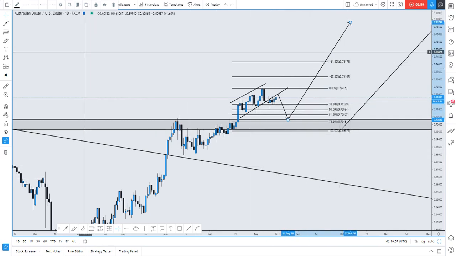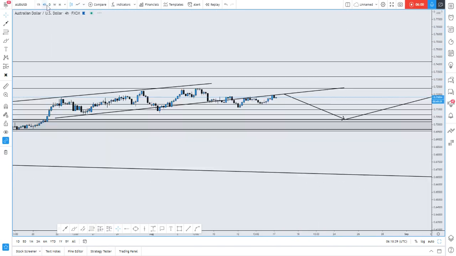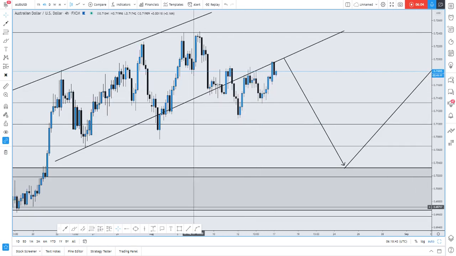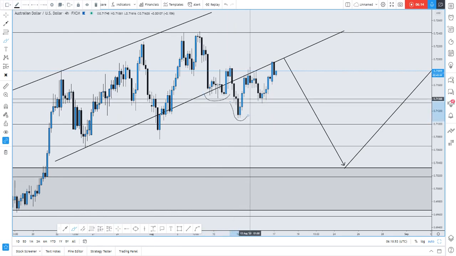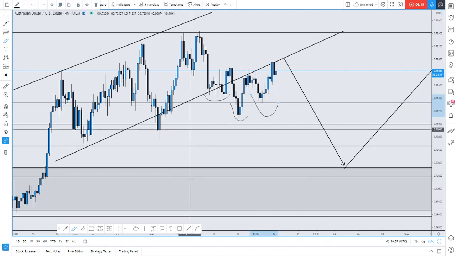So with that known, I can go to the 4 hour time frame. Now on the 4 hour time frame, we have an inverted head and shoulder right here. So this is like a significance that there is a huge tendency price might not even push to the downside. And also we have another head and shoulder here.